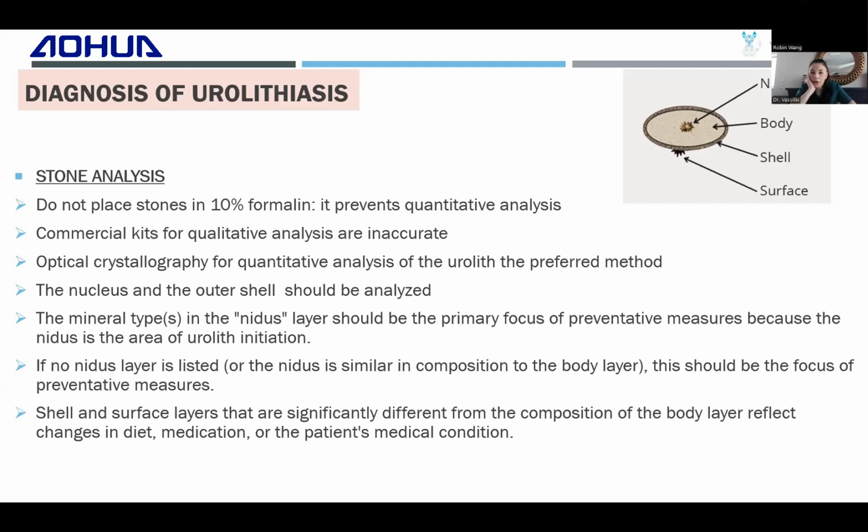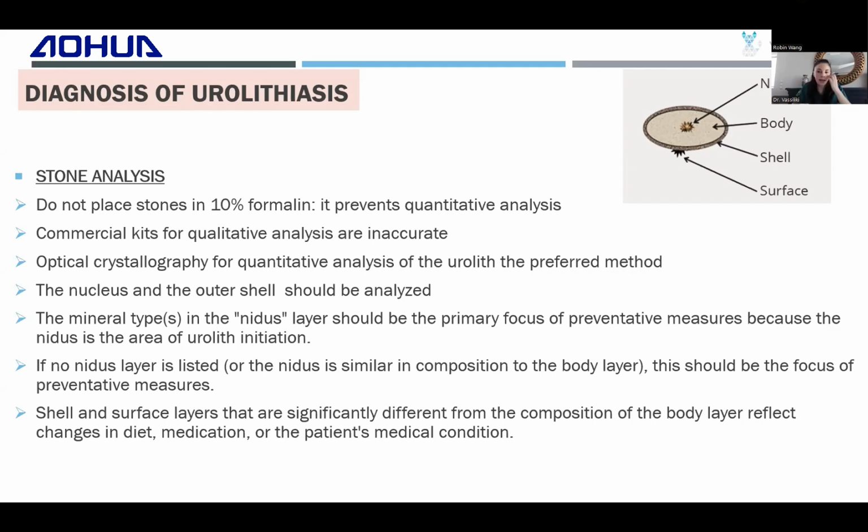It's not handy in our practices, so we have to send them off to a designated lab that does this kind of analysis, okay? And the mineral type in the nidus layer, in our nucleus, should be, as I said, our primary focus, because we're going to treat the urolith according to the nidus composition.